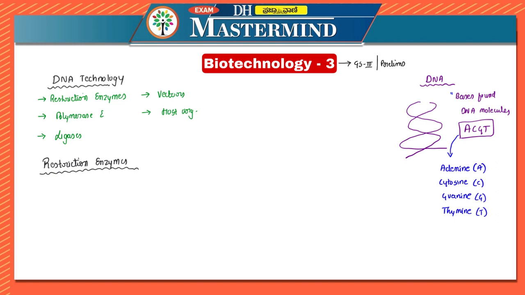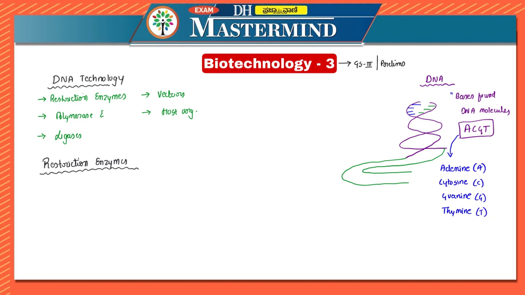Now, any DNA you consider has two strands going. Here this is one strand and this one is another strand. Let us wind it up like this, just an example for us to understand more.